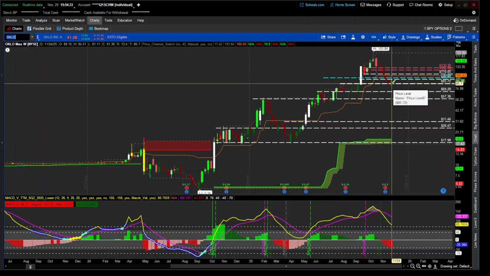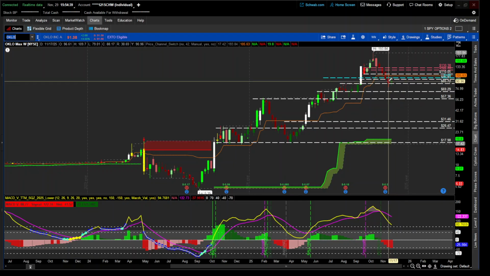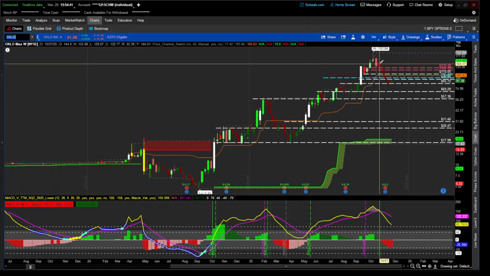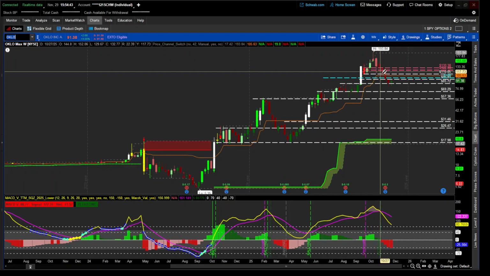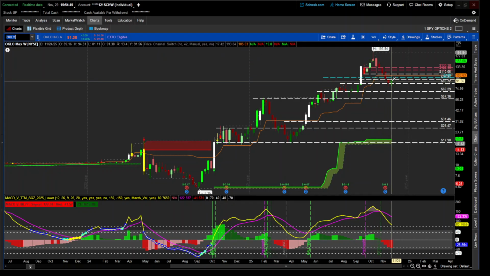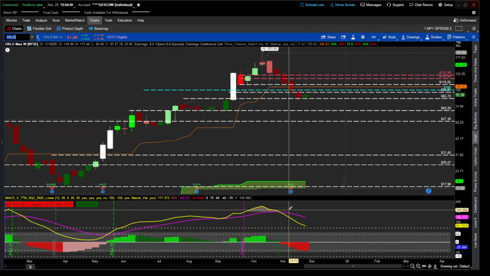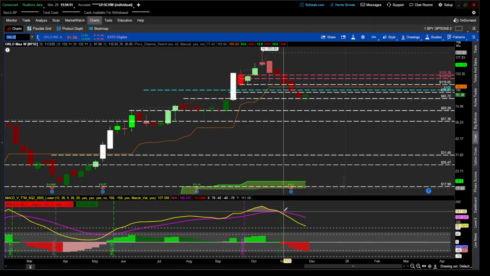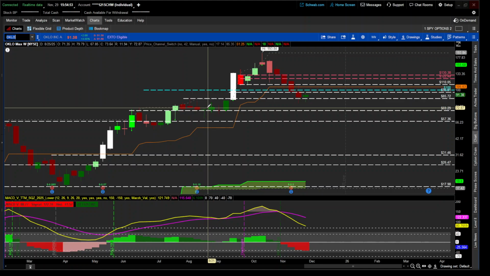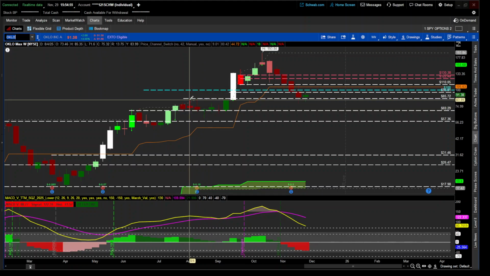Last week it had its first green week in the past six weeks. They had all red, now we have a green week. So we're considered retracing, possibly pulling back, and it actually pulled back to this high or range area that it made.